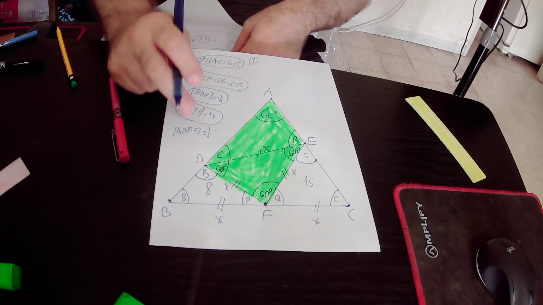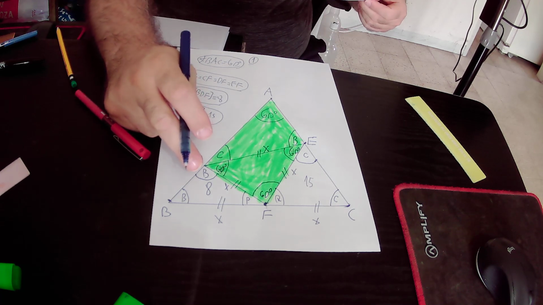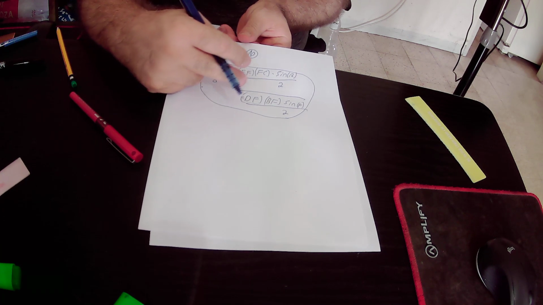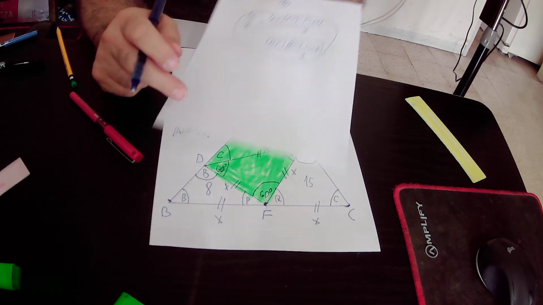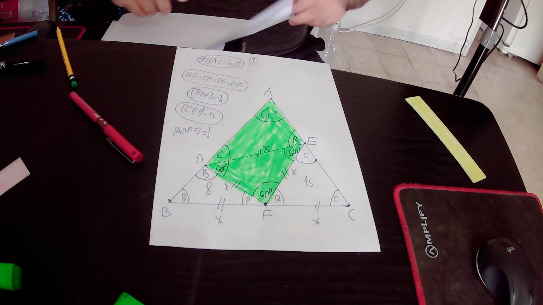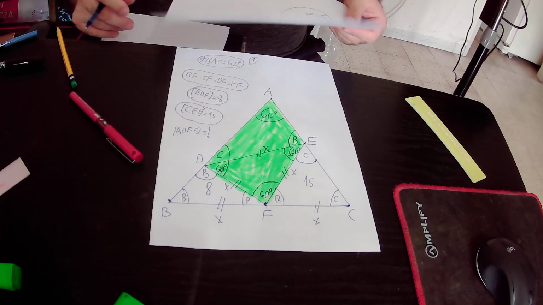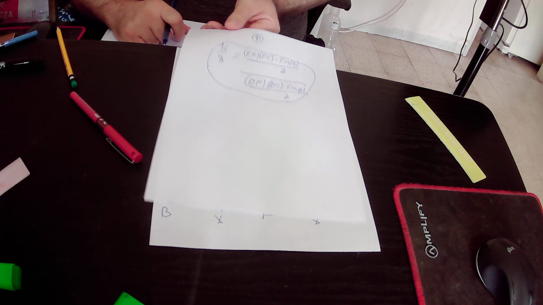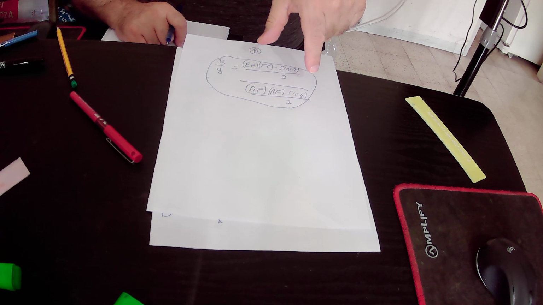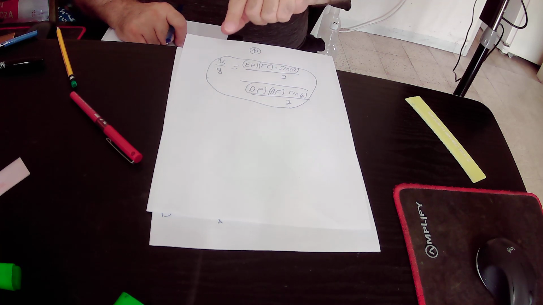Again, the area of the small triangle BDF equals DF times BF times sine P over 2. So here we will move these two to the numerator and this expression to the denominator of this equality.